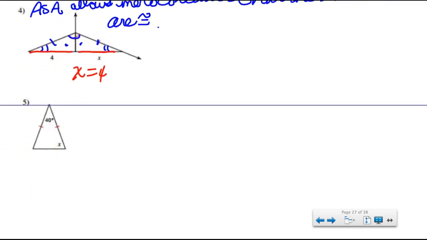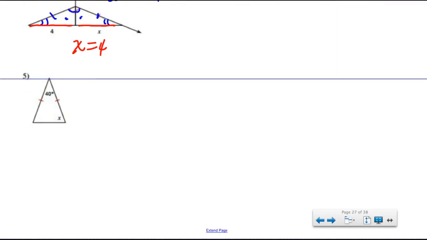All right, so on the next one, I'm looking for x again. I know I have an isosceles triangle because of these markings, so I can conclude that the base angles are the same. So if one of them's x, the other's x. Well, now I'm inside a triangle, and I know that the angles inside of a triangle have to add up to 180 degrees.